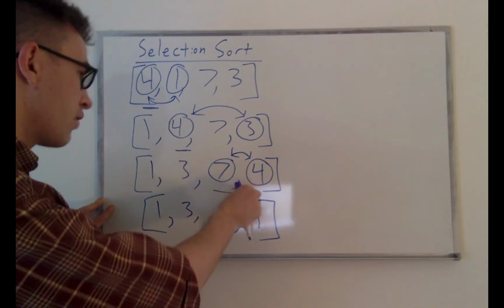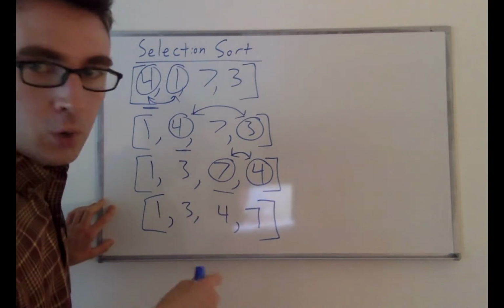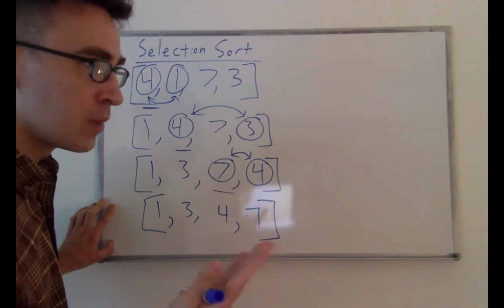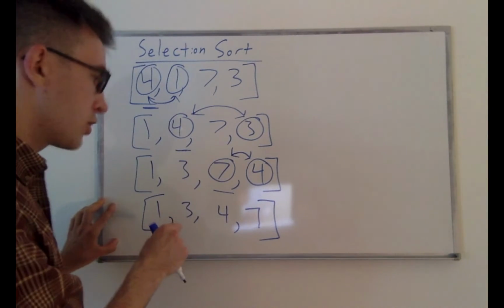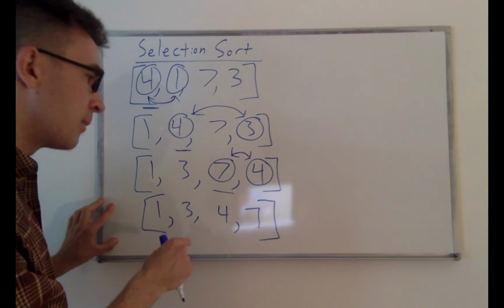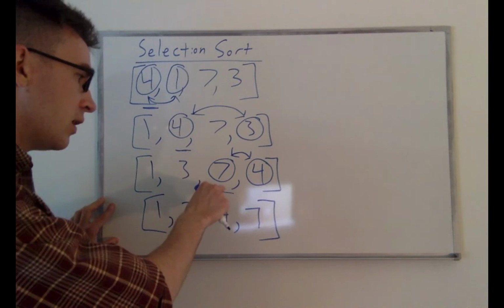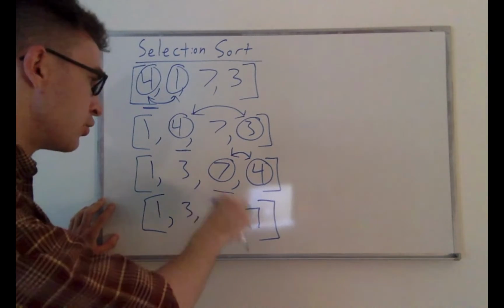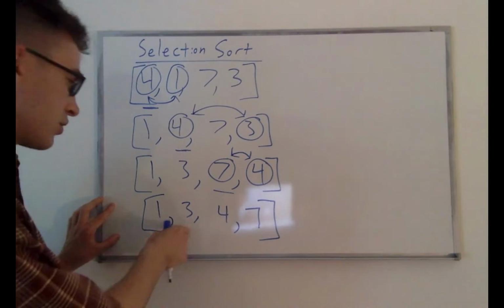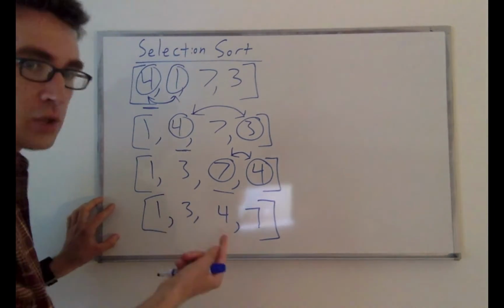So if we've sorted everything except for the last number, then we already know that the last number must be the maximum because everything to the left of it has already been sorted. So our stopping condition here is when we finish doing the pass through from the second to last index. We don't have to actually do the last index.